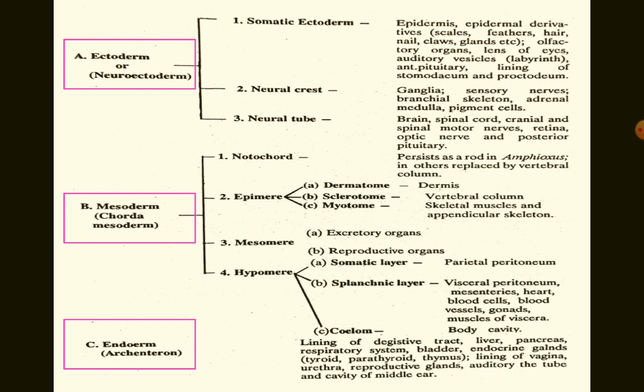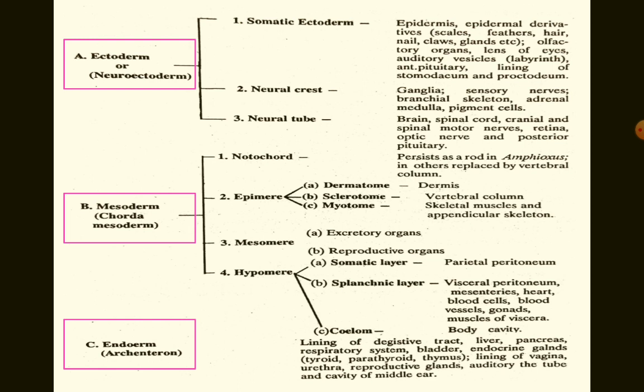And also the neural ectoderm will give rise to the formation of neural crest, and these neural crest cells will differentiate into ganglia, the sensory nerves, branchial skeleton, adrenal medulla and pigment cells. Whereas the neural tube will differentiate into the brain, the spinal cord, the cranial and the spinal motor nerves, retina, optic nerve and the posterior pituitary.